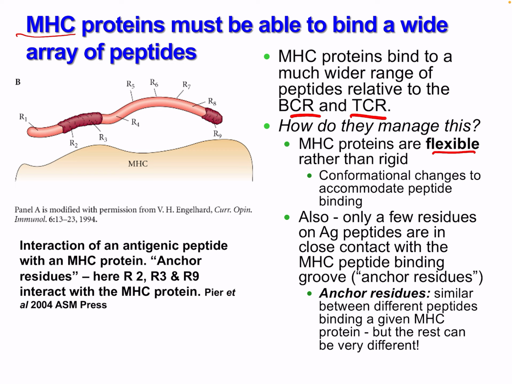Also, only a few residues of antigen peptides are in close contact with the MHC peptide binding groove, and these are anchor residues. These anchor residues are similar between different peptides binding a given MHC protein, but the rest can be very different. Here's a bunch of possibilities of where it can bind, so there's a lot of flexibility in where it can actually bind to pathogens or antigens.